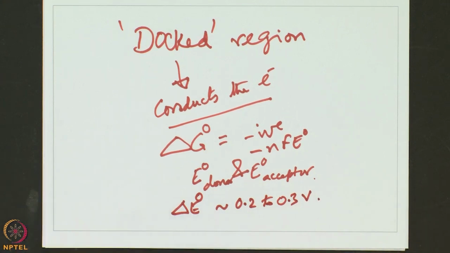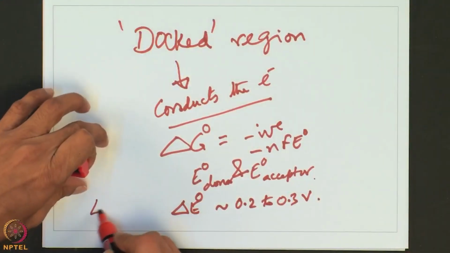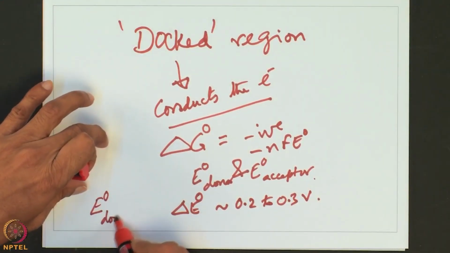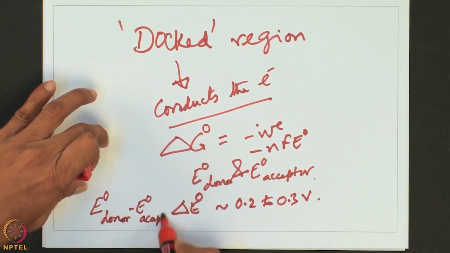If it is large, then the reversibility is lost, thermodynamic reversibility is not found. So, that will not give a good redox couple. To have a good redox process, you should have the difference in the redox potentials of the donor versus the acceptor in the range of 0.2 to 0.3. This is nothing but E naught of donor minus E naught of acceptor.